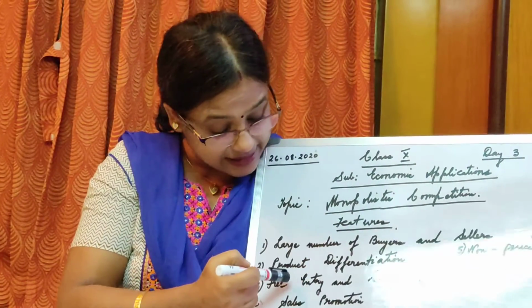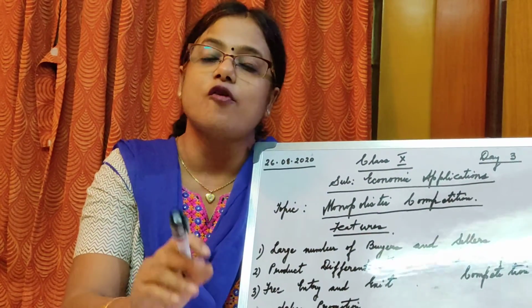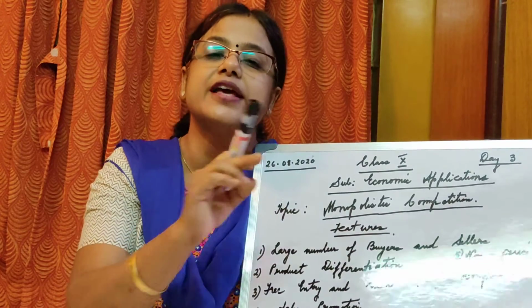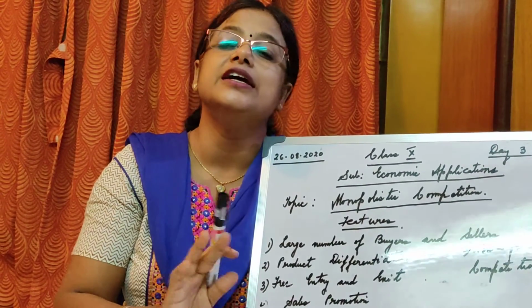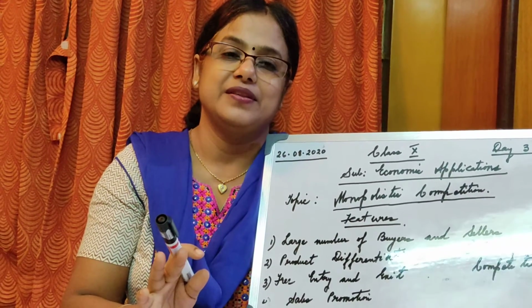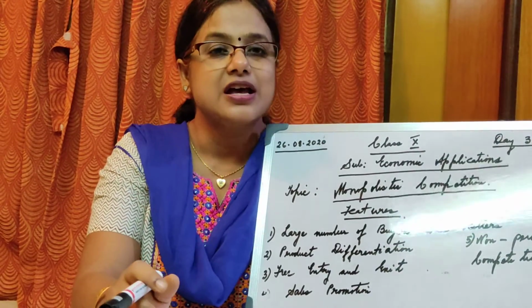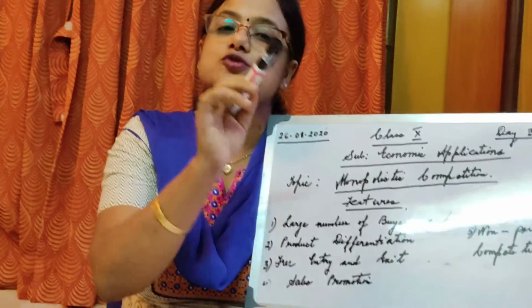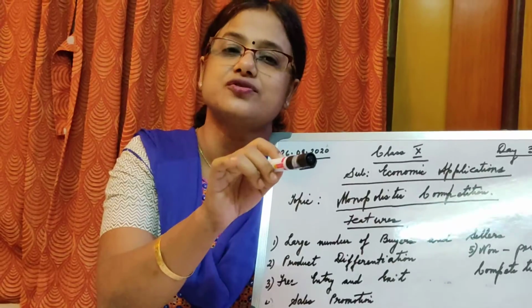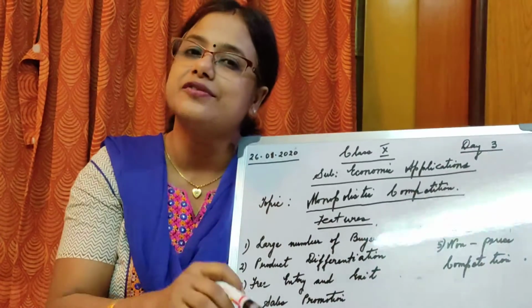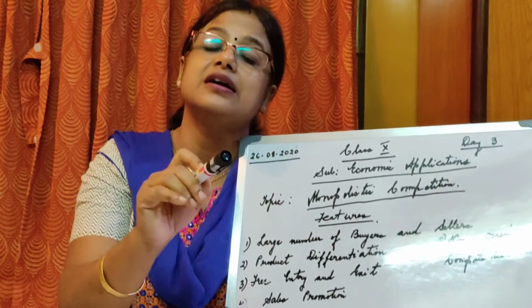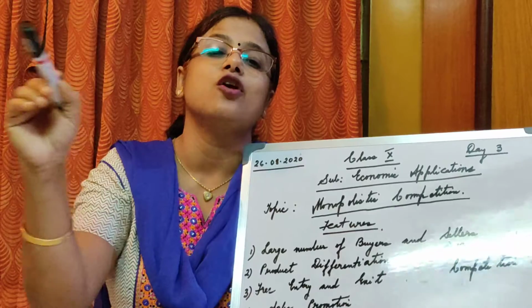Then the next is free entry and exit. You have already studied what is free entry and exit in perfect competition. That means no legal restrictions. In monopoly you saw closed entry, there is legal restriction. So in perfect competition you saw because there are no legal restrictions, the firms are incurring normal profit in the long run.